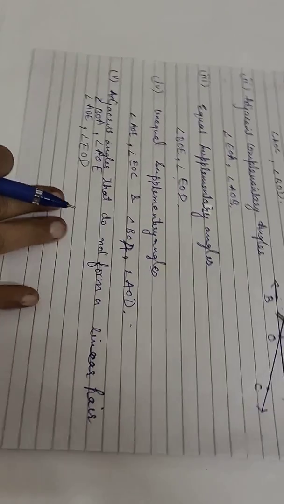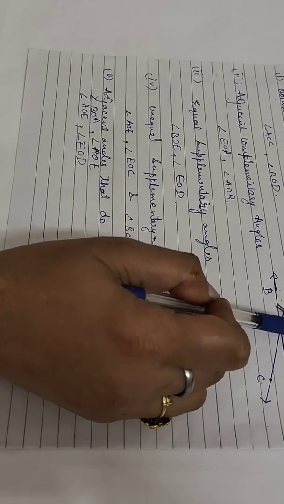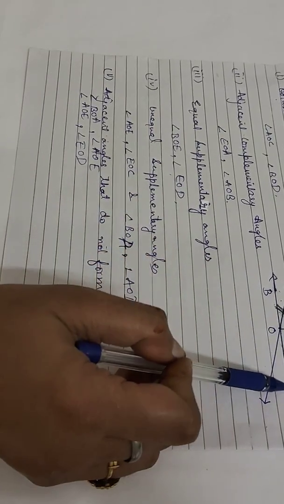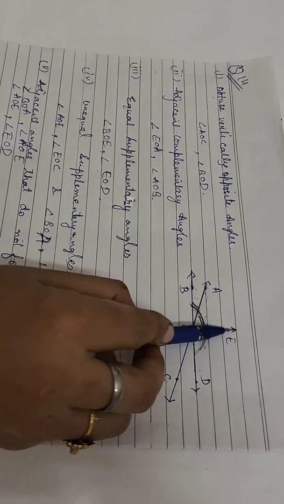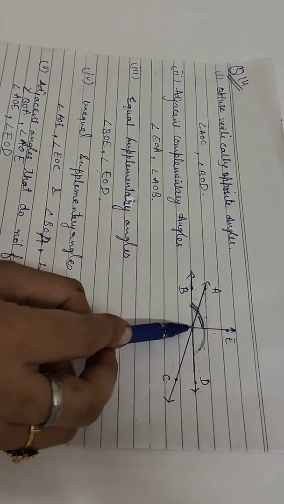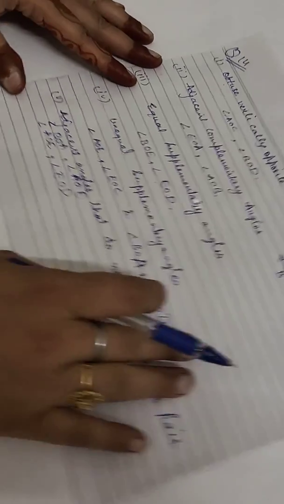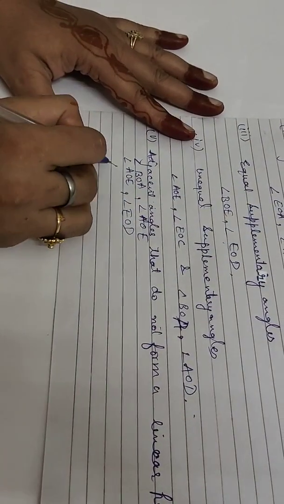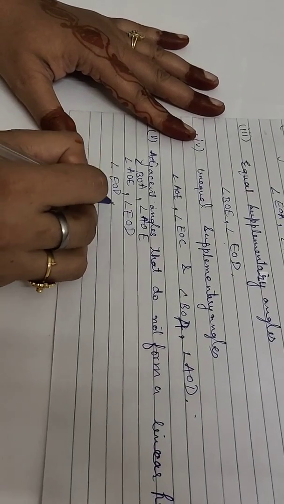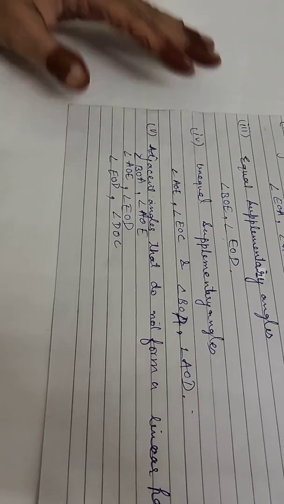Let us think of one more pair. Going in continuation, like EOD, you can see this EOD and DOC. They are again not forming a linear pair but are adjacent. So we can write angle EOD, angle DOC.